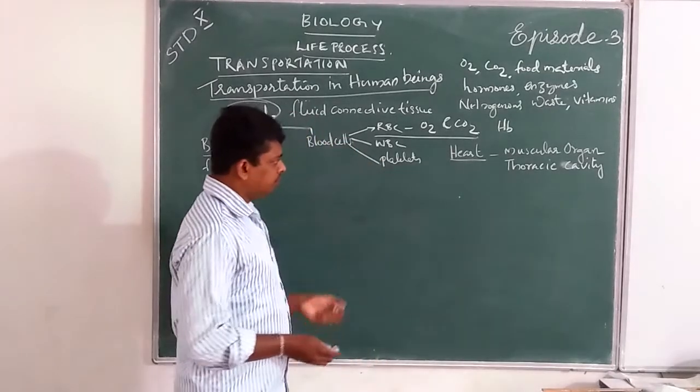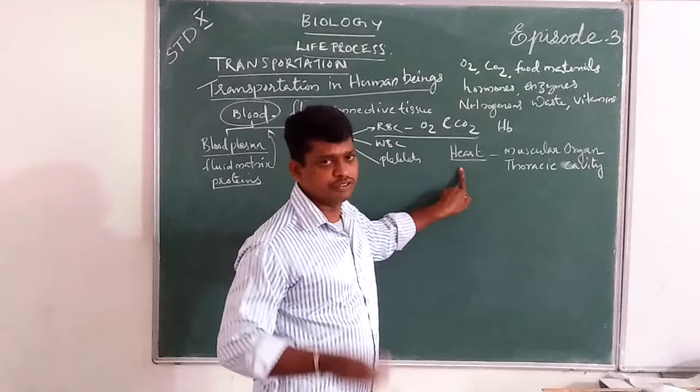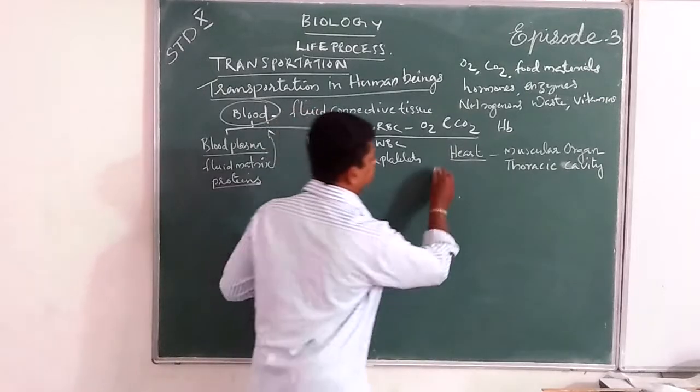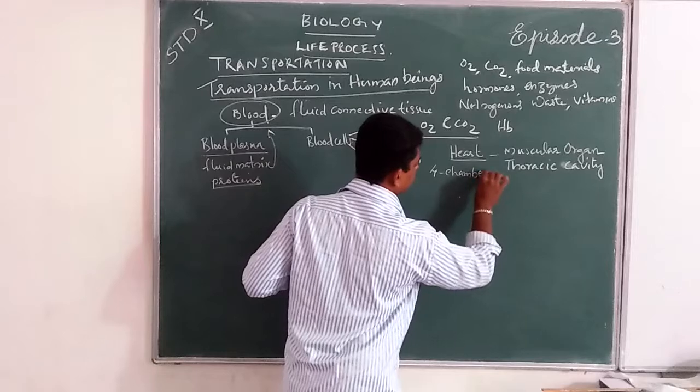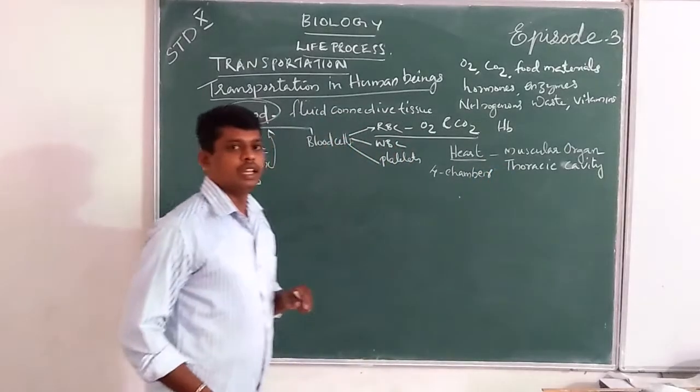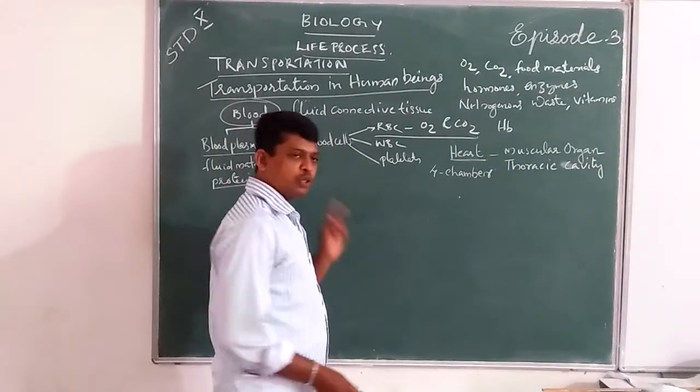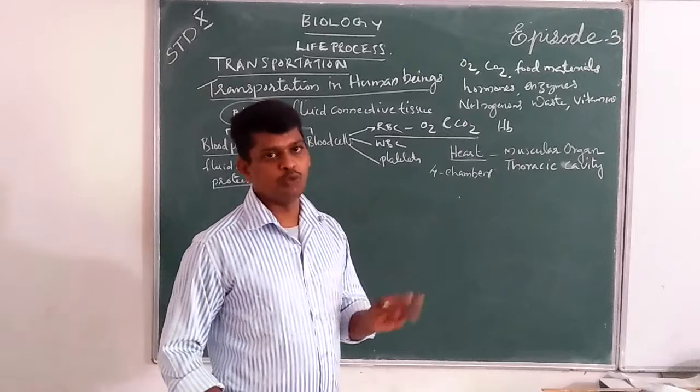The heart has four chambers: two auricles and two ventricles.